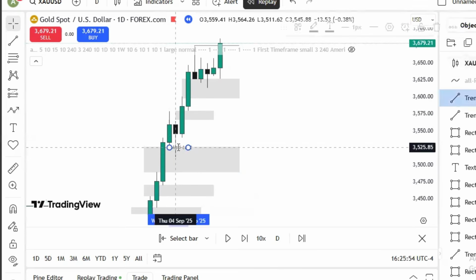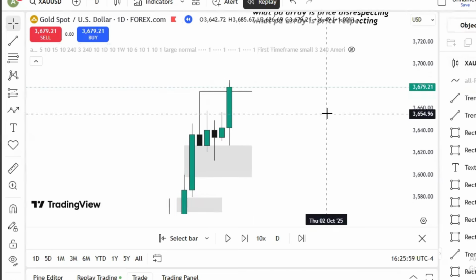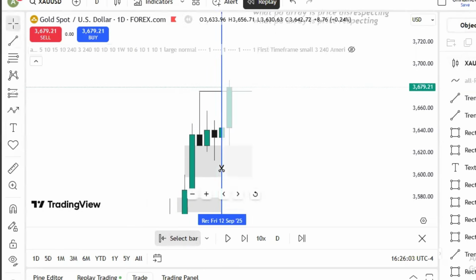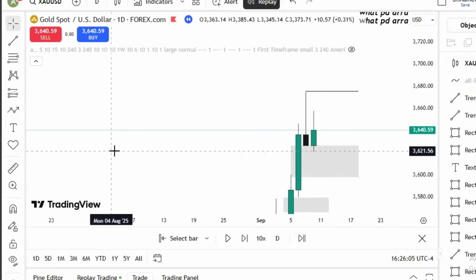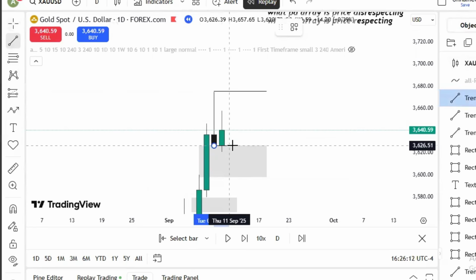Do you get it? The same scenario over here. Now, if you look at this, when we first tagged it, I didn't like how this candle formed. This C2 candle, this candle, or this reversal candle.